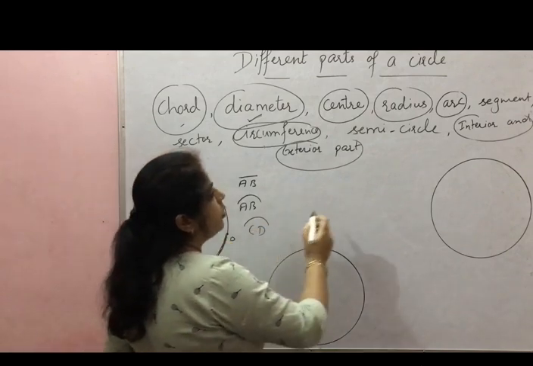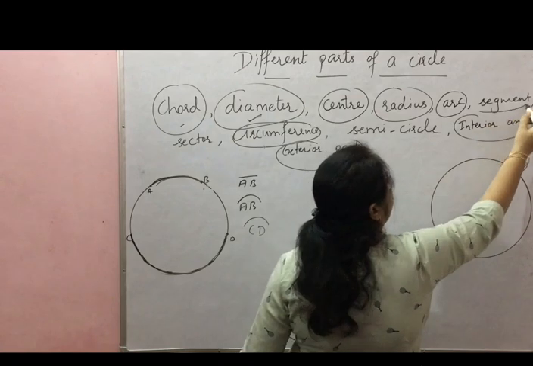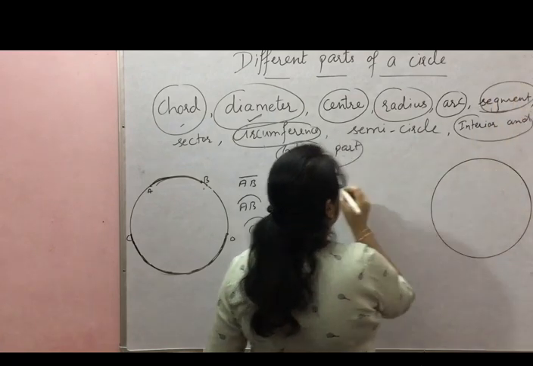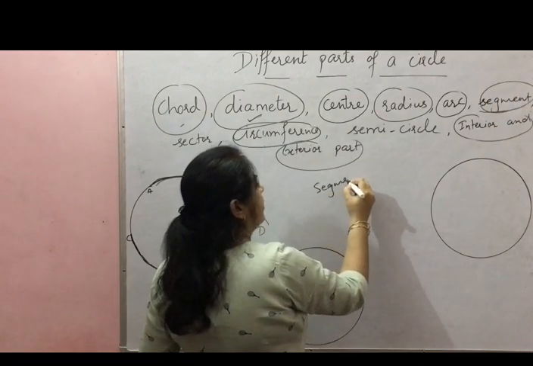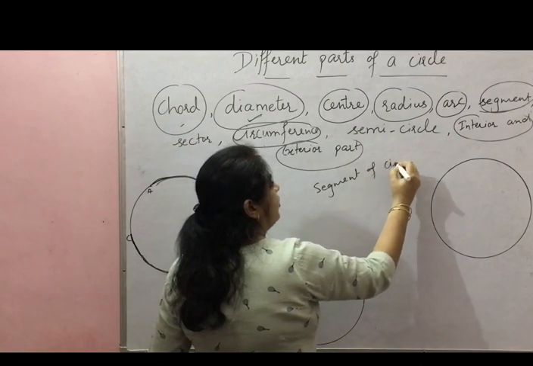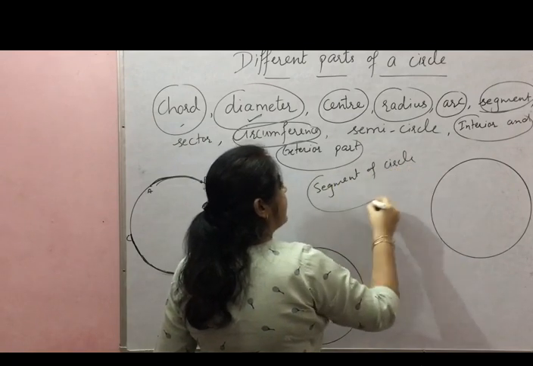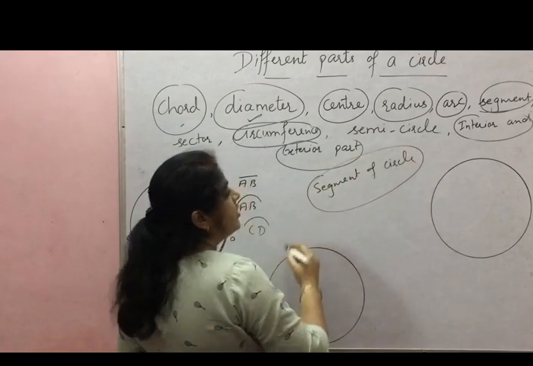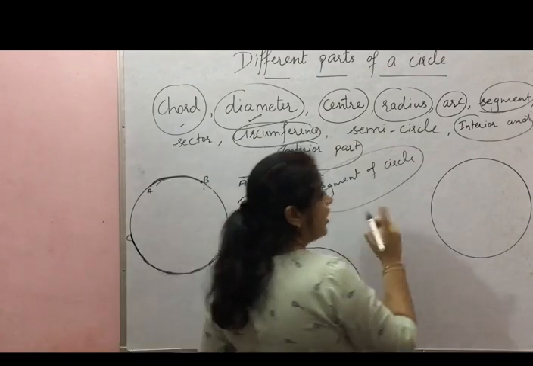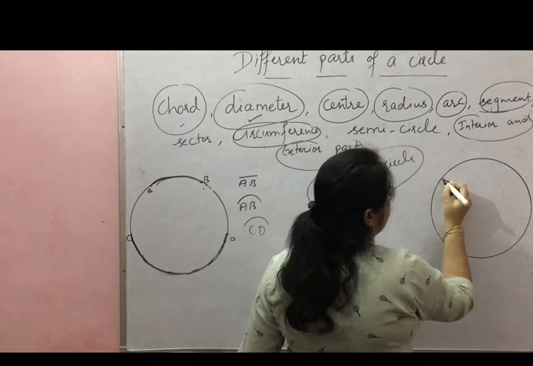Now we will go with the segment. We are here talking about the segment of the circle. Note, we are not talking about a line segment, we are talking about a segment of a circle. What is a segment of a circle?